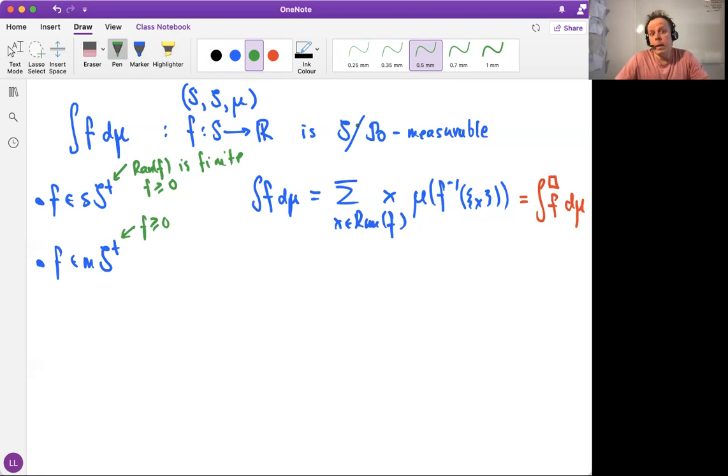Well, we assume here already that f is measurable, so that's there. So for non-negative, we defined the integral of f against some measure mu to be the supremum when we approximate from below.